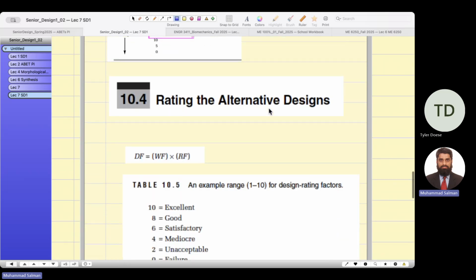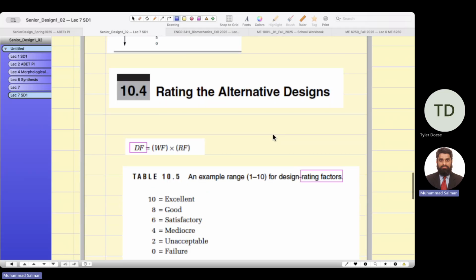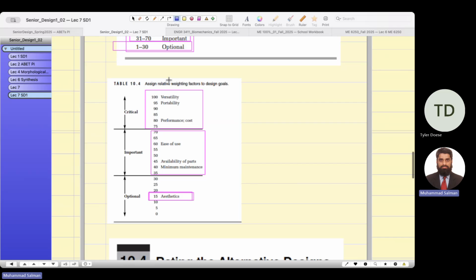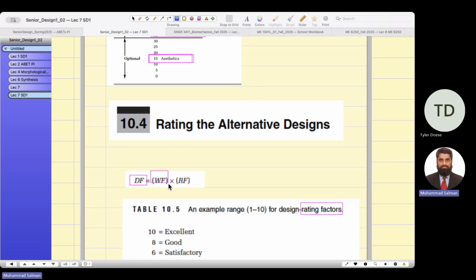So then you will give weight factors. What is decision factor and the weights you already gave? These are the weights. WF means weight factor, RF means rate factor.